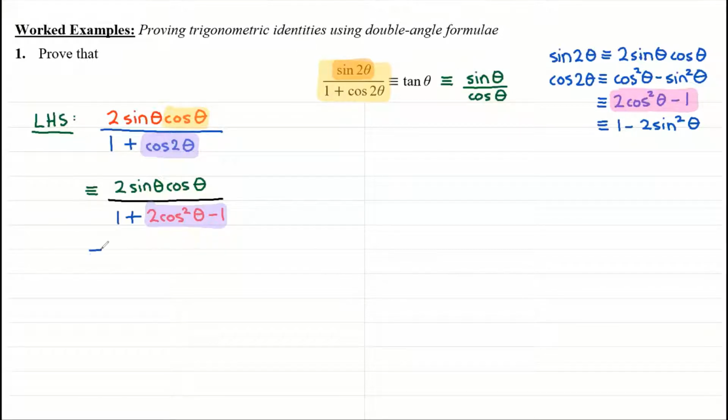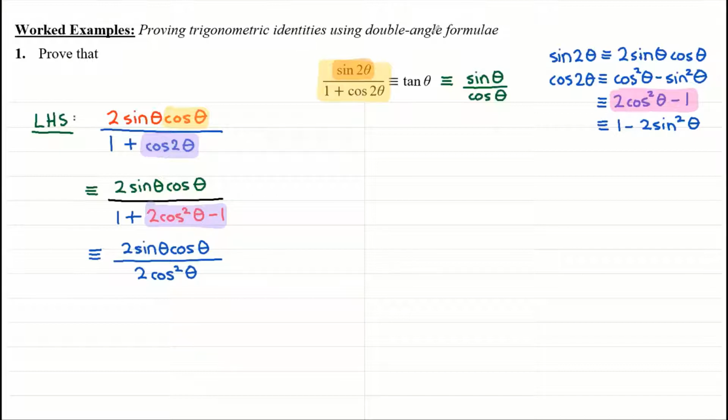So let's carry on. So we're going to get 2 sine theta cos theta in the numerator all over the 1s are going to cancel, and we're going to have 2 cos squared theta. Now this is looking really good.